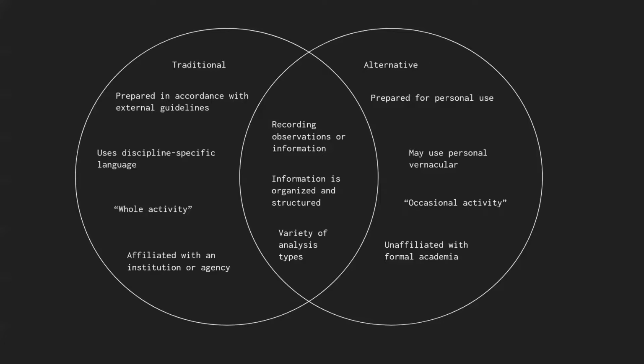Alternative data practices make use of vernacular and vocabulary to make meaning from and organize their data, but the vernacular is typically associated with the personal or the home sphere instead of the so-called intellectual or academic sphere, which are seen sometimes to be different. Alternative practices also oftentimes take place after or between hours rather than being a dedicated part of professional life as they are in academia. So as a librarian might say, the difference here is not in the formal contents, but rather in the descriptive ones.